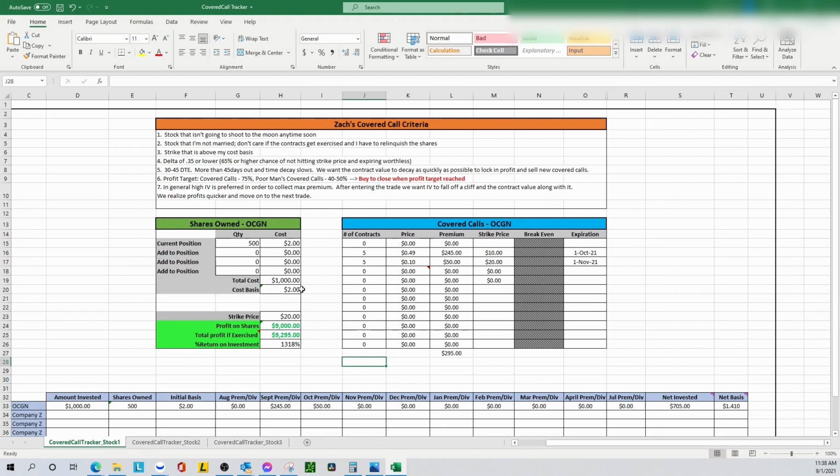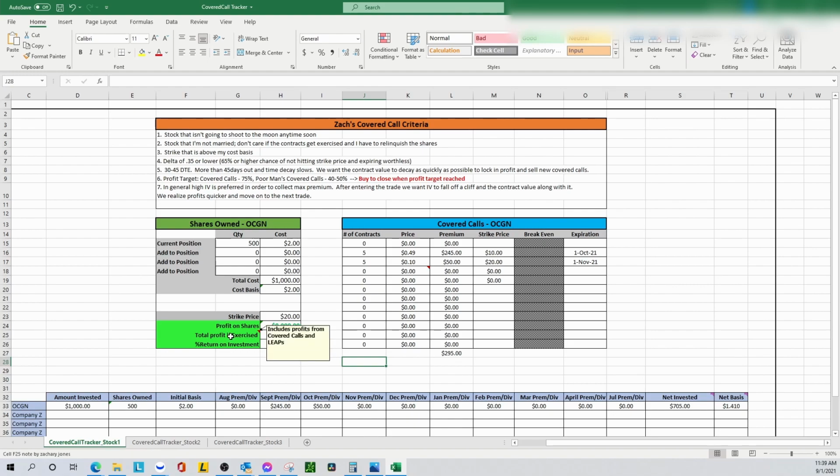$2, our initial cost basis. The difference between that and the strike price is $18, and so times 5 contracts, that's going to be $9,000. So that's where the profit comes from. But we also collected $295 in premium.